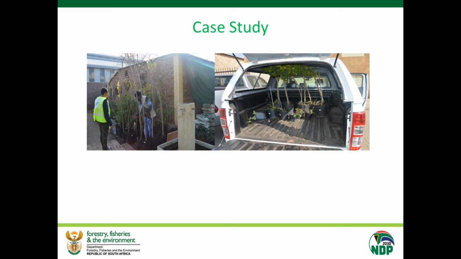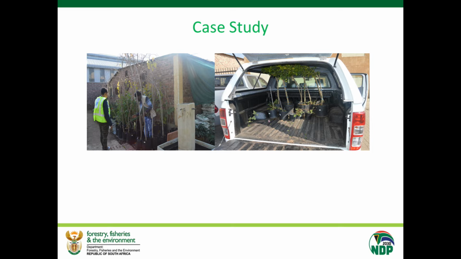This is our buggy. We were collecting all listed plants. Normally we collect them and we ask the botanical garden to keep those plants for us until the final verdict, because sometimes we might lose.